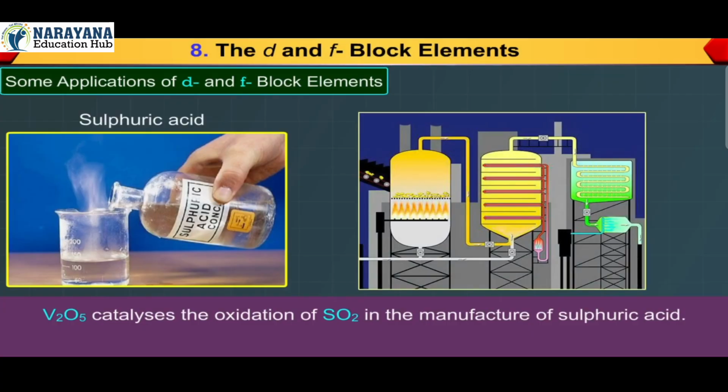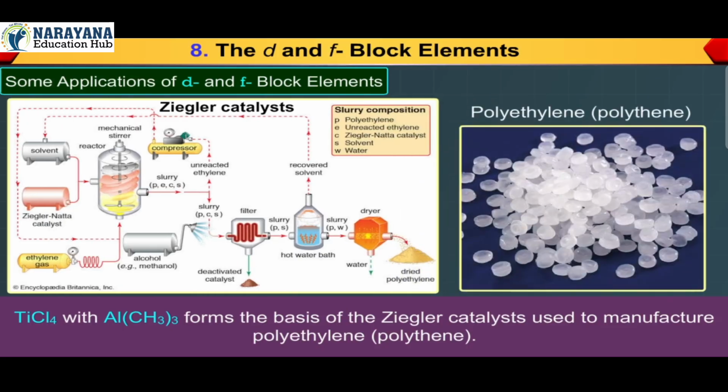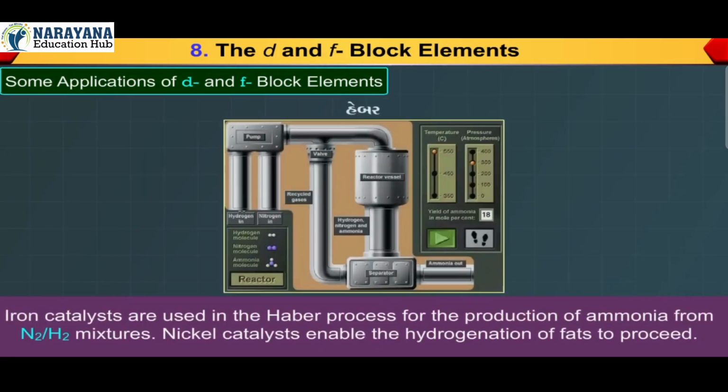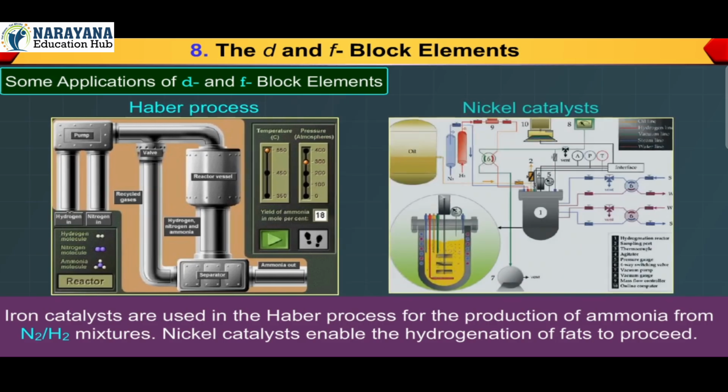V2O5 catalyzes the oxidation of SO2 in the manufacture of sulfuric acid. TiCl4 with Al(CH3)3 forms the basis of the Ziegler catalyst used to manufacture polyethylene, that is, polythene. Iron catalysts are used in the Haber process for the production of ammonia from N2 and H2 mixtures.